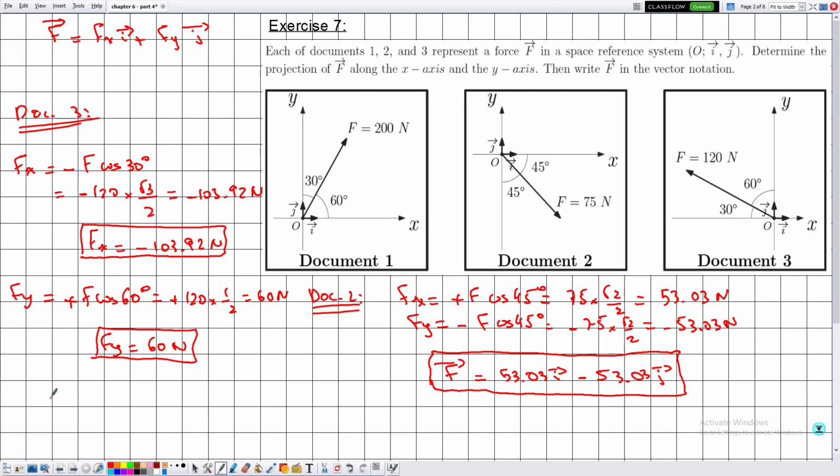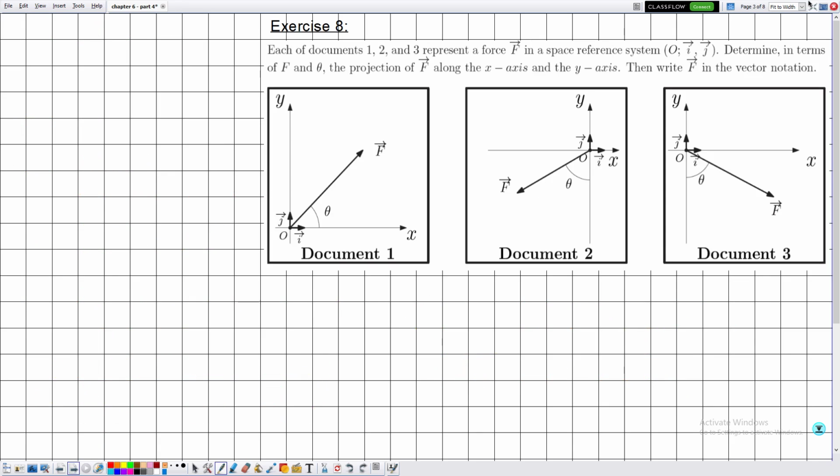Now in this case the force vector F can be written as minus 103.92 I plus 60, the y component, multiplied by the unit vector J. So this is it for exercise number 7.